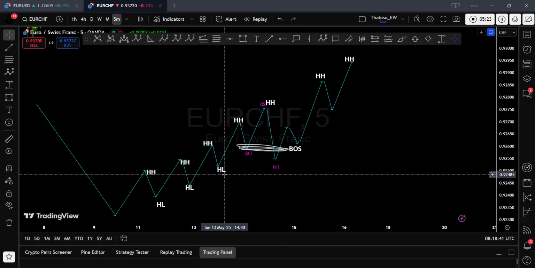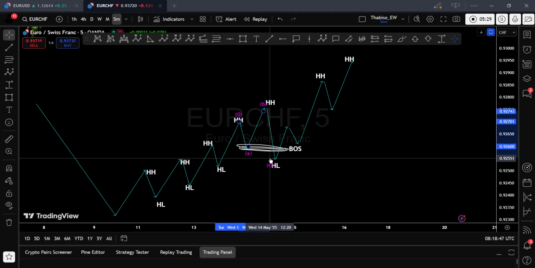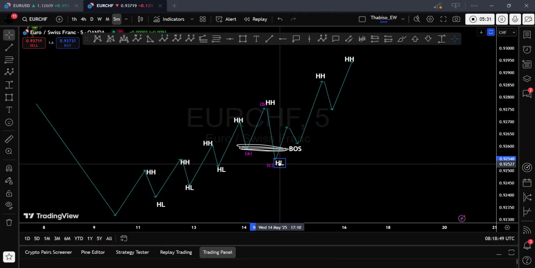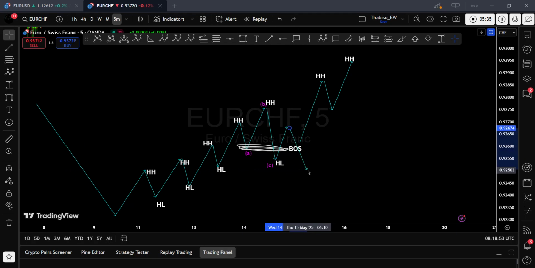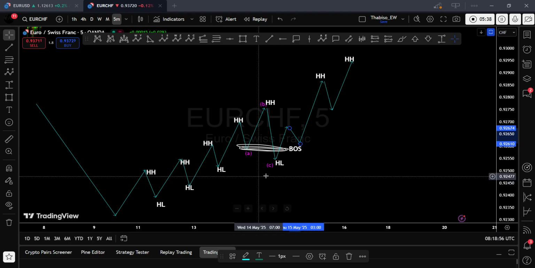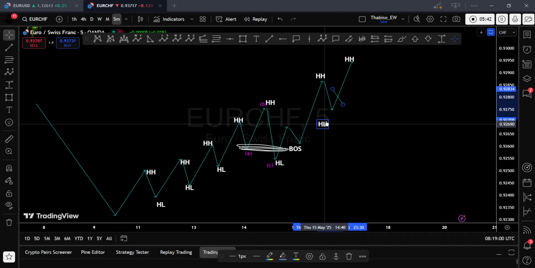Even this one becomes a higher low. It will become a higher low for as long as the market has not broken below it. It will just stay a higher low. And then the next one will be this one here.